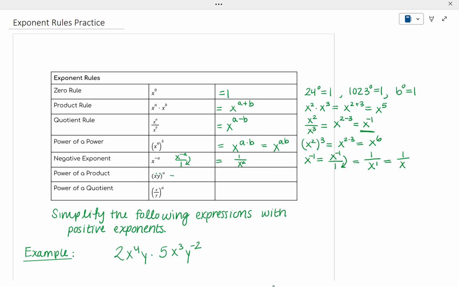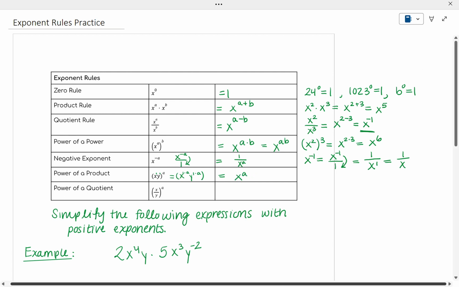So this becomes x to the 1 times a using the power of a power rule, so this is equal to x to the a, y to the a. Power of a quotient, similar to power of a product, this becomes x to the a over y to the a.